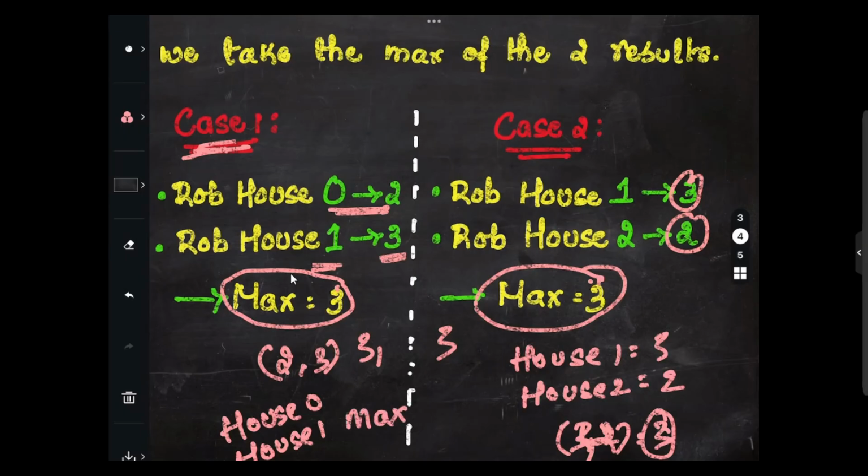So we have to go with the max, the maximum amount that can be robbed within the houses in the circle. Finally, max of 3 comma 3 gives us 3 itself. In other cases we might have something like 6 comma 4. That is the reason we consider the max of this step as well as this step.